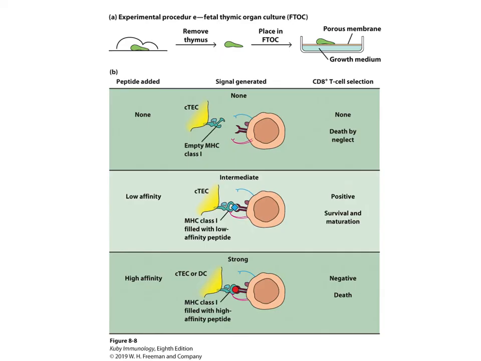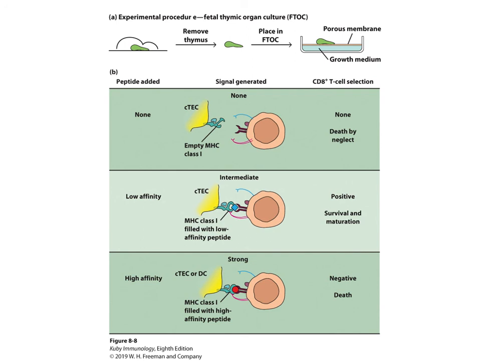Looking at this figure, this elucidates what I was just talking about. If we have no peptide present, there's not going to be the ability for the T cell receptor and the APC that has the MHC to interact, and so we get death by neglect.